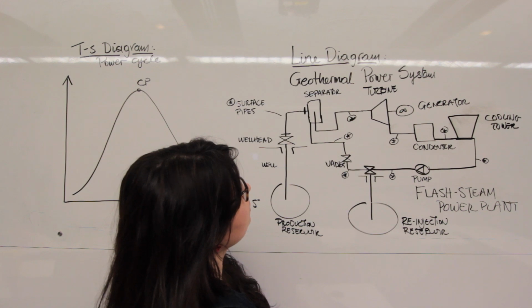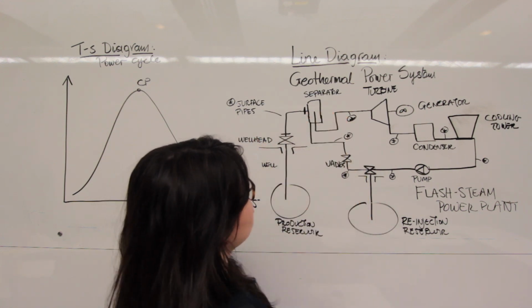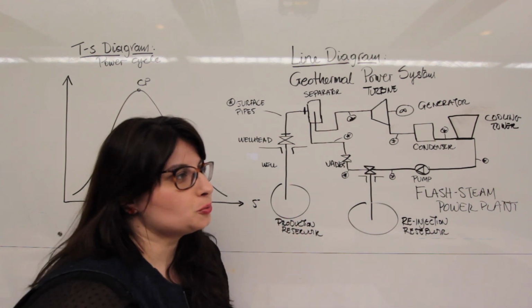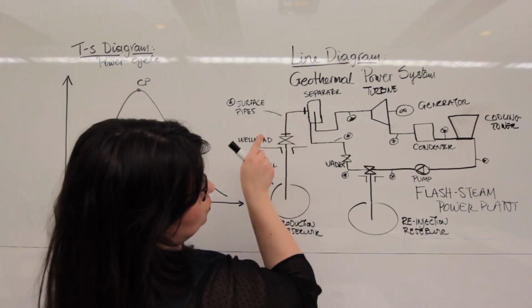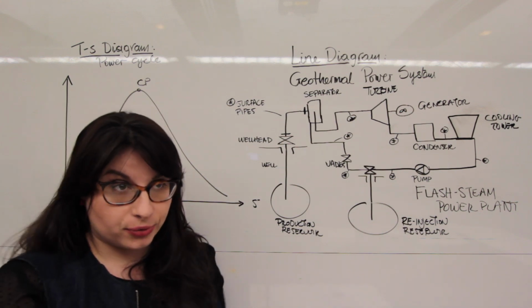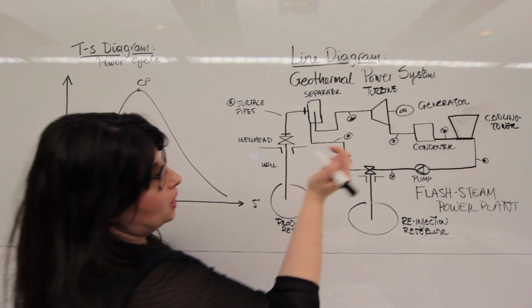First component that we see on the top side past the wellhead is the separator. The job of the separator, unsurprisingly, is to separate. You have a two-phase mixture coming in on the inlet, and if you see a separator, you can safely assume you have a two-phase mixture.